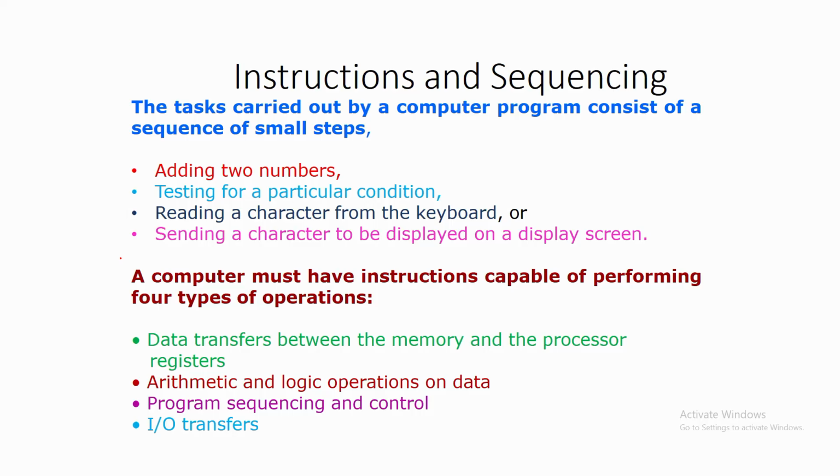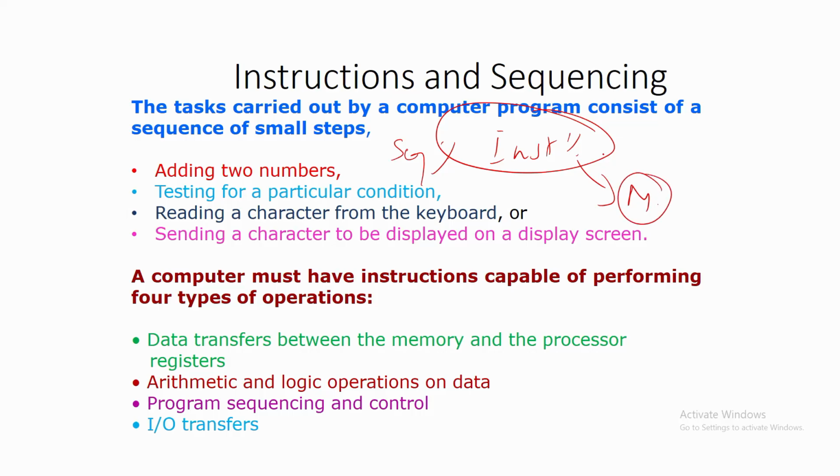So instruction sequencing. Here, instruction sequencing with respect to a normal computer system tells us that whenever we are going to execute a program in our machine, a sequence of instructions is required. That instruction will interact with the machine.